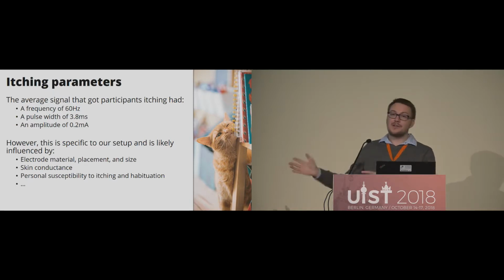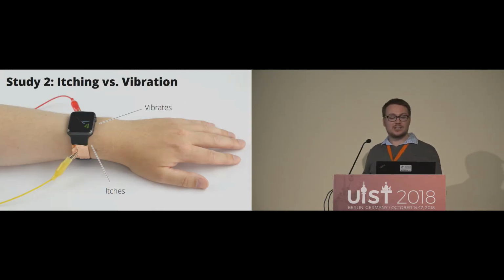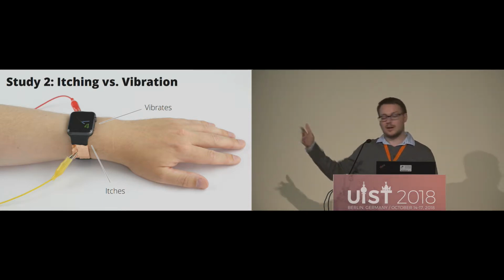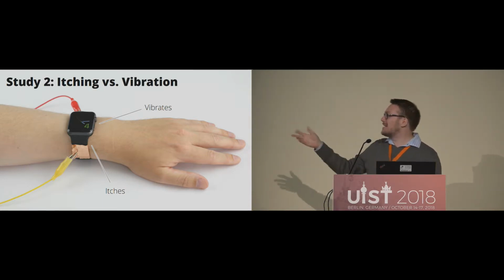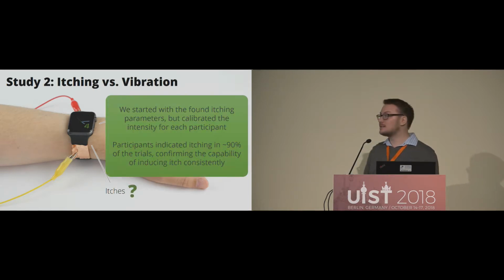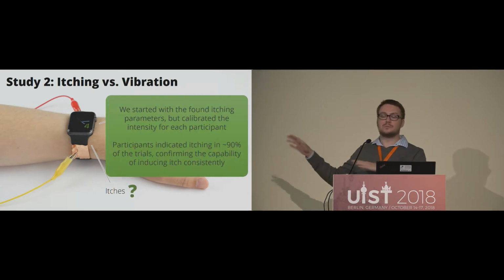All right, but now that we have that, let's actually compare itching against something that's vibration, not itching. So here we have our smartwatch prototype again. And first of all, the question is, if we actually use stimuli where we think it's itching, does that actually work? And yes. Here we only use those pre-configured.